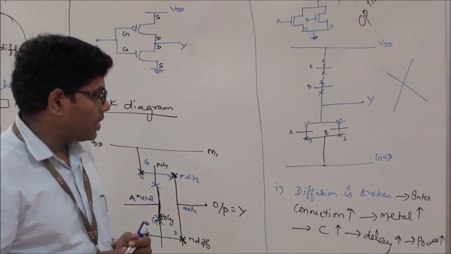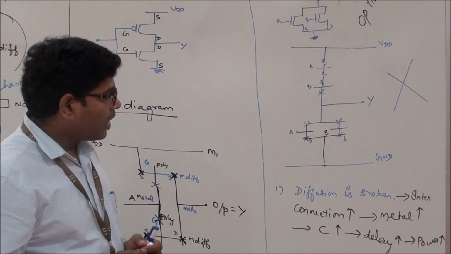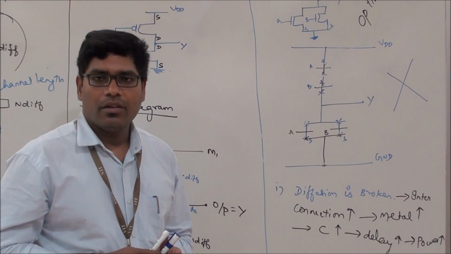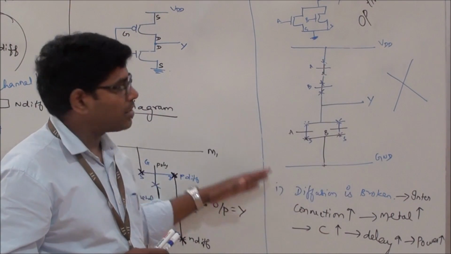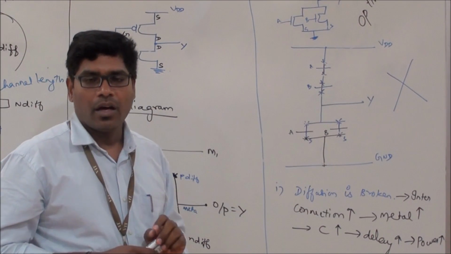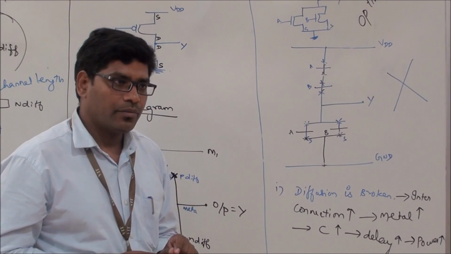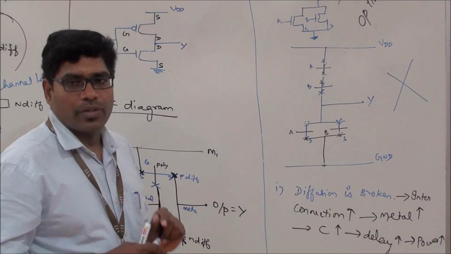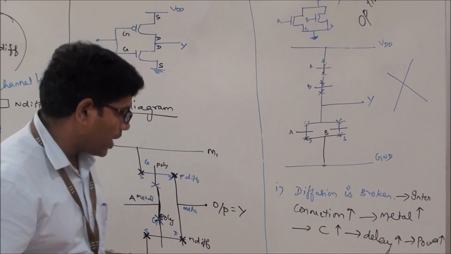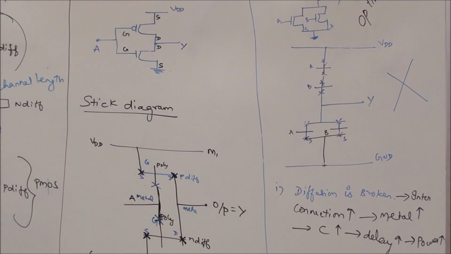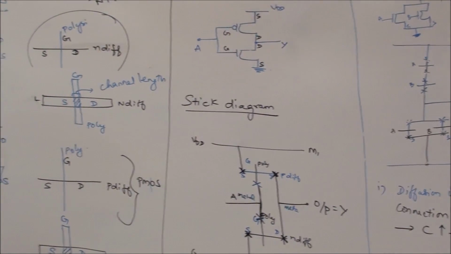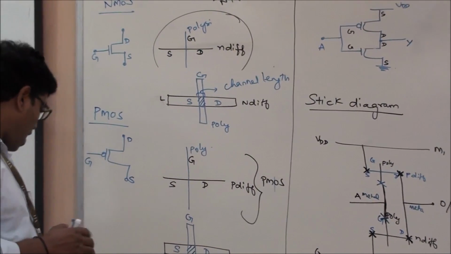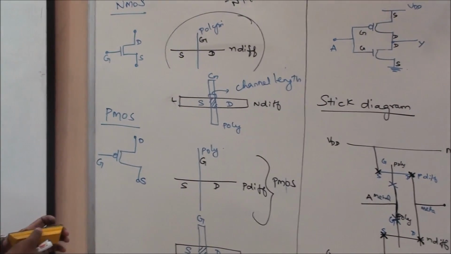Now the next question is, is there any way to come up with an optimized layout or an optimized stick diagram? What is the best way to do that? Or what is the way available in order to come up with a layout which is optimized in terms of area and power?